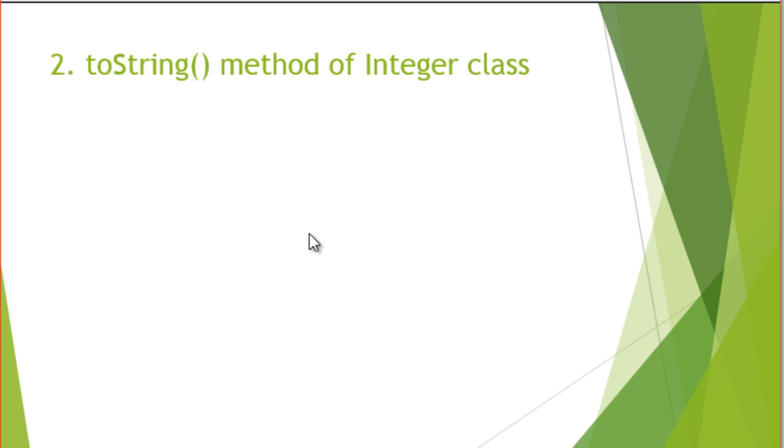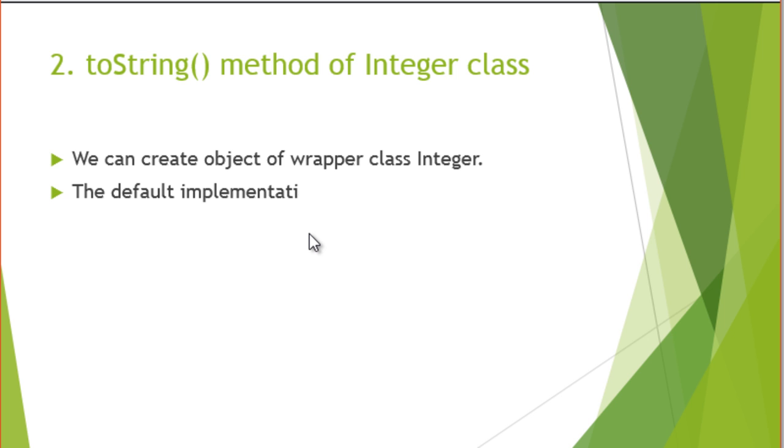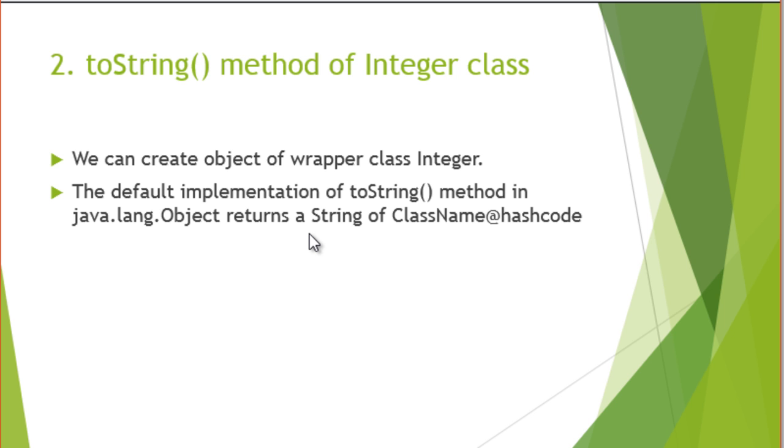But in Object class, the toString method is actually displaying the class name at the rate hash code. So all the wrapper classes have overridden this toString method in such a way that it can return a value in a string form.